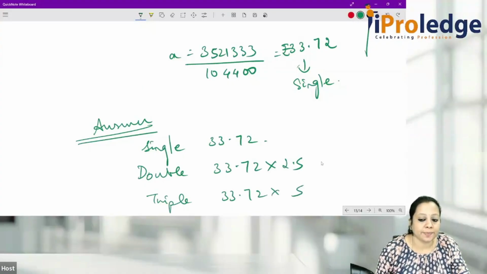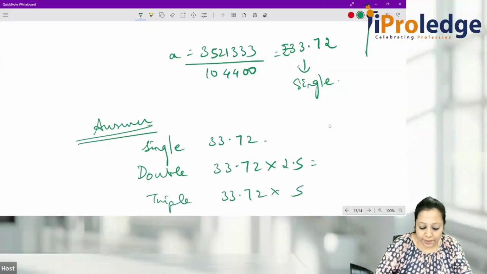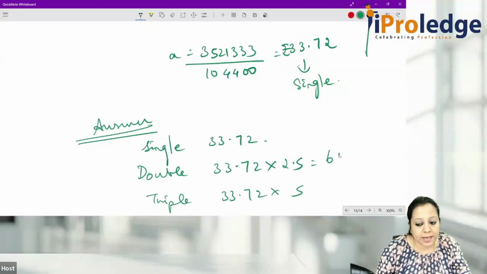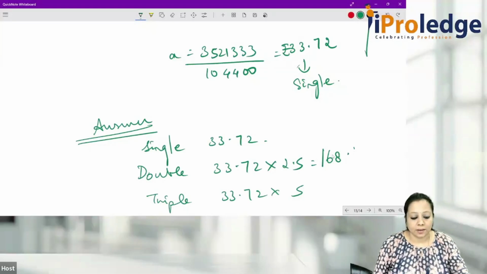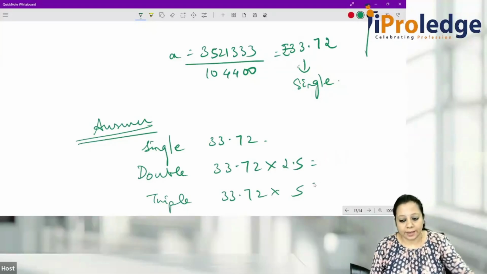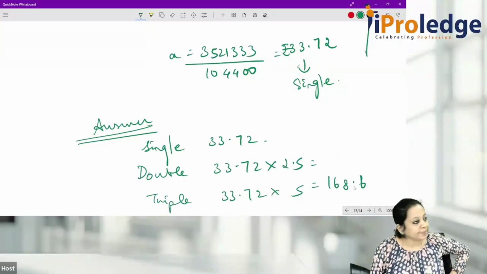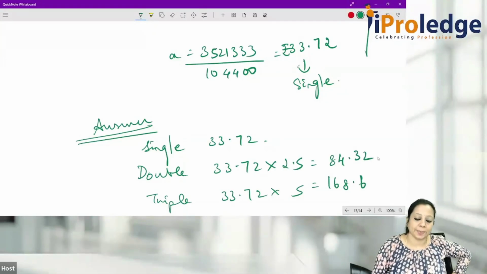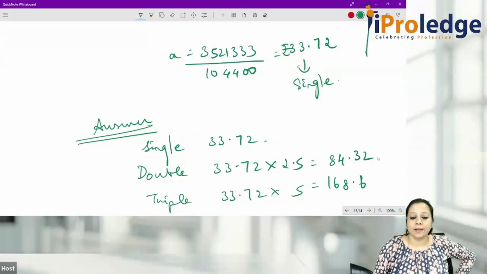How much is it? 33.72. 168 point something. Last one, okay, 84.32. So that is also done.